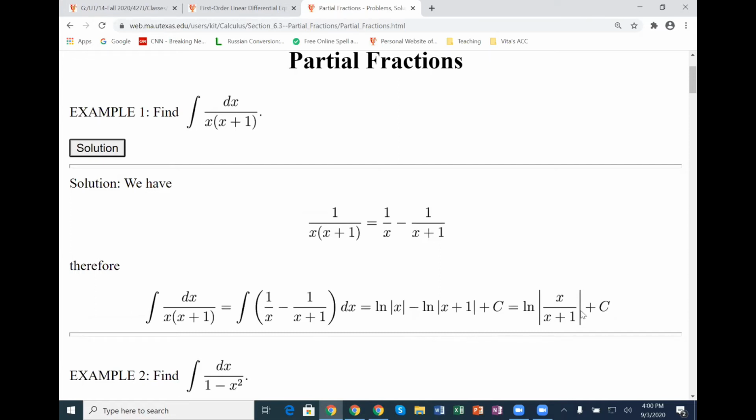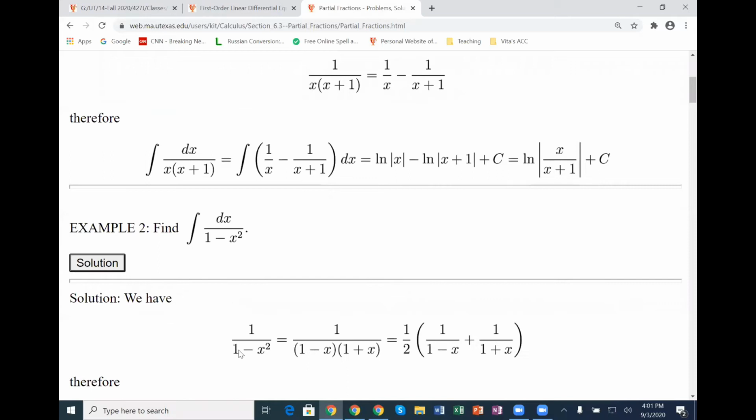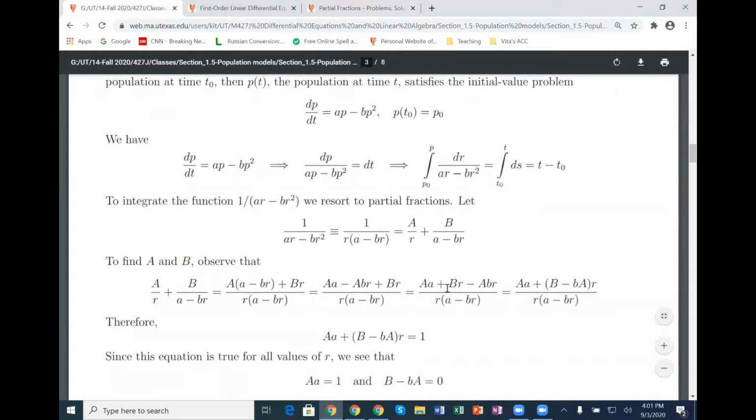So the key idea is to rewrite the expression inside our integral as the sum or the difference of elementary fractions. Please take a look at this. First, we factor the bottom and rewrite this as the sum of two elementary fractions, which are easy to integrate. In our case, let us first factor the bottom. Done.